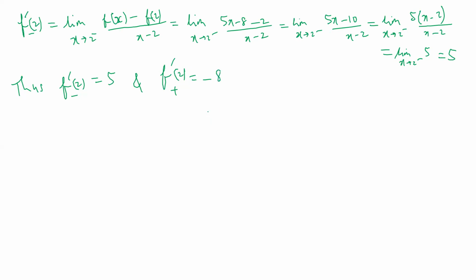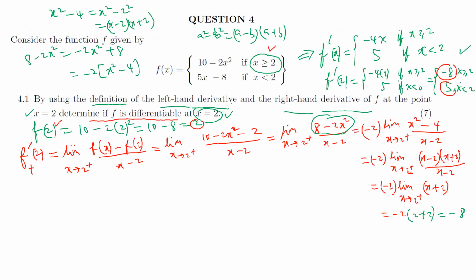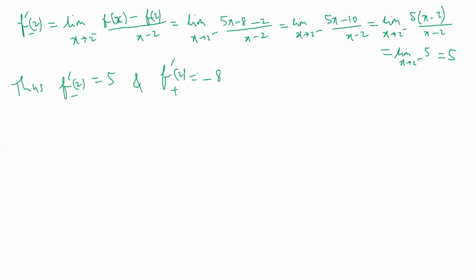So we have 5 and minus 8. These 5 and minus 8 are obtained by just differentiating the given function directly. Just straight differentiation of this function produces the result. But we have the left is 5 and the right is minus 8.